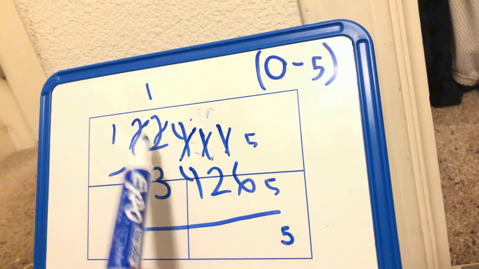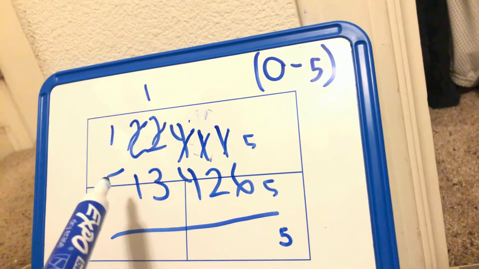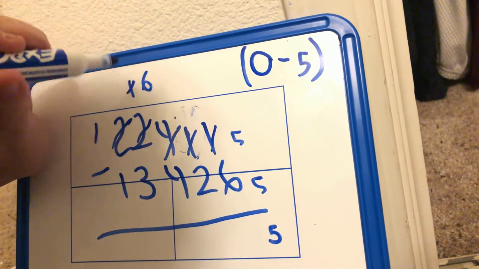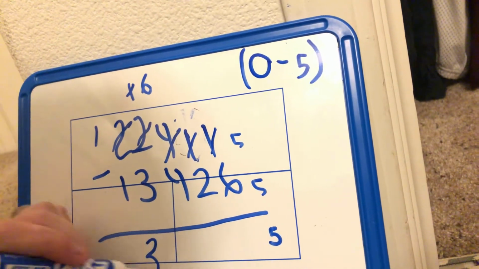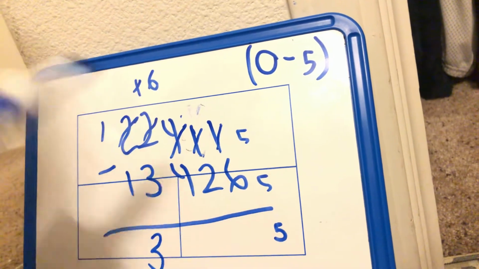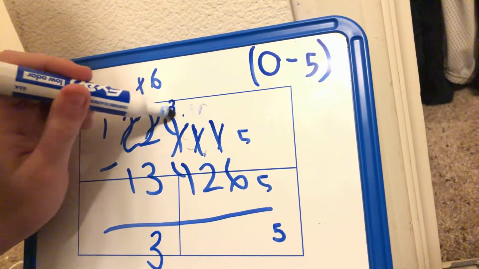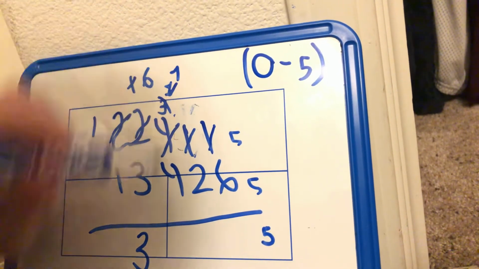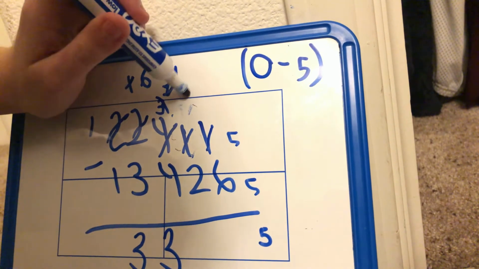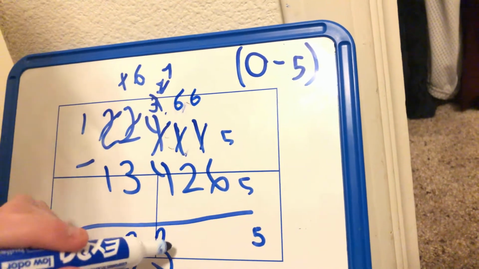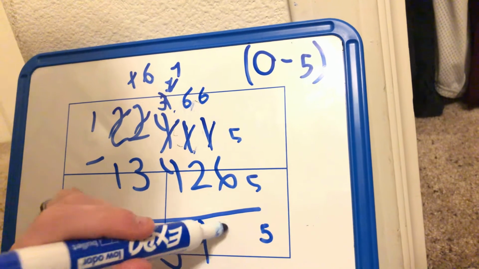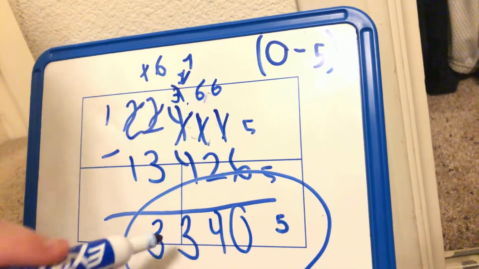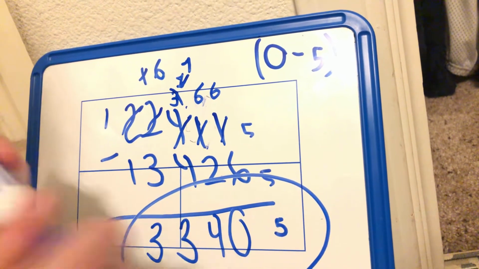Now, when we have a 1, we can't do 1 minus 3, so we change it. 1 plus 5 is 6, so our new carried number is 6. 6 minus 3 is 3. 4 becomes 3. 3 plus 5 is 8, so it has to be a 7. 7 minus 4 is 3. Our 1 becomes 6 because 5 plus 1 is 6. So we bring down our 4 and our 0, and our subtraction answer is 3340 in base 5.